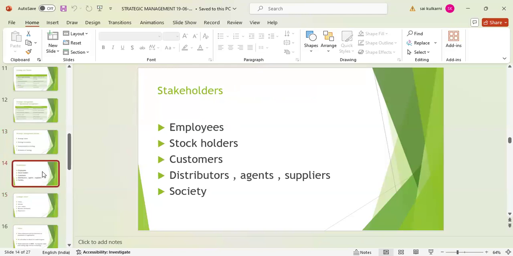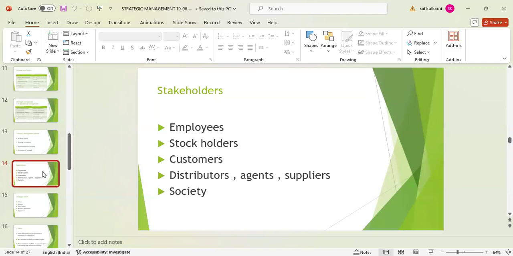There are different stakeholders of business. Those who have different types of interest related to the organization are the stakeholders of business. Their interests are different, but all are connected with the business. Or we can say business and all the stakeholders are interdependent and can satisfy the needs of each other.